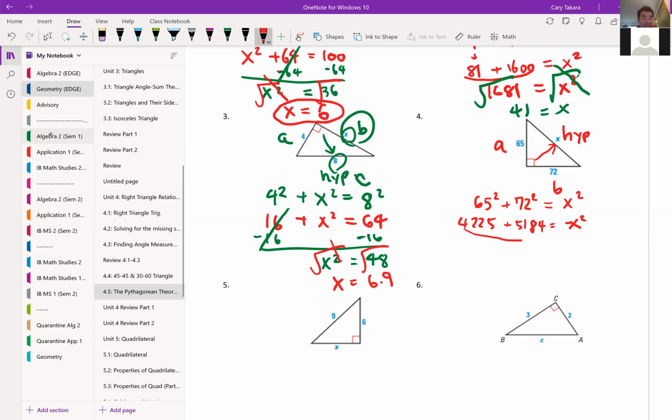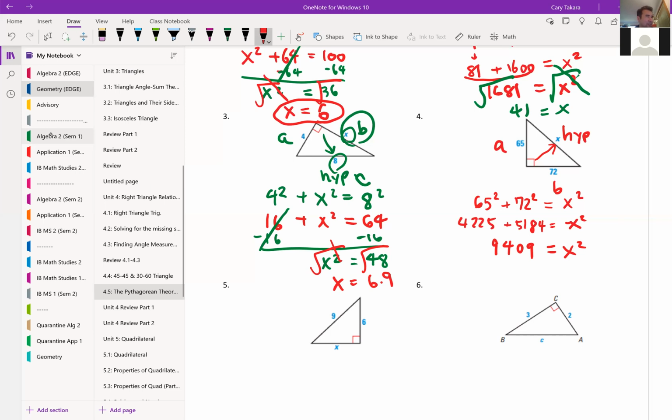And they are on the same side, so you can just combine them together. What's 4,225 plus 5,184? 9,409 is equal to x squared.